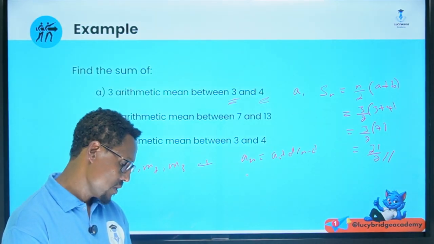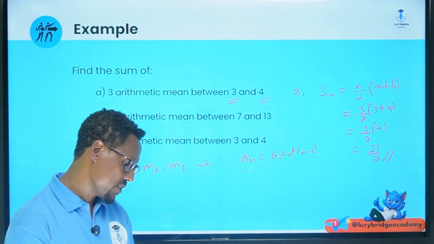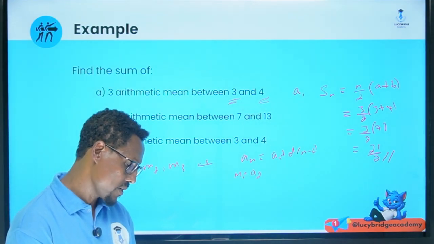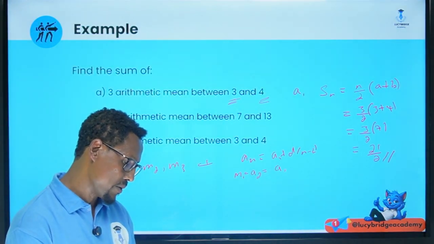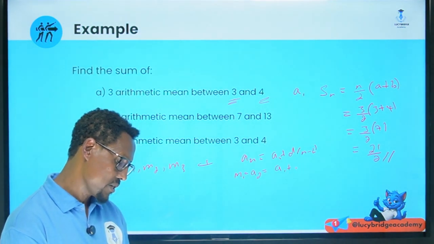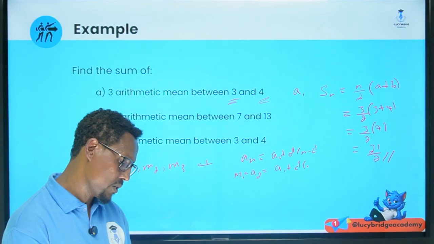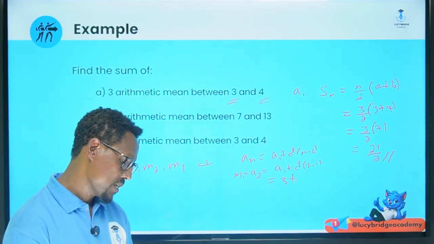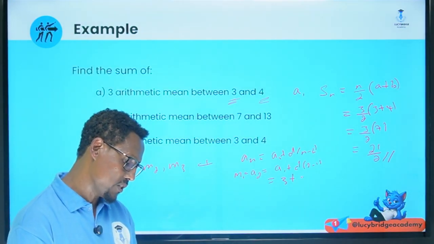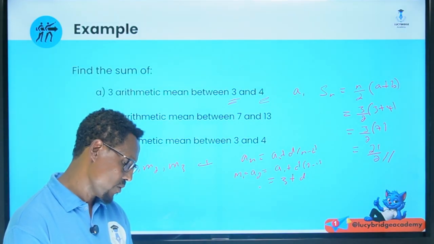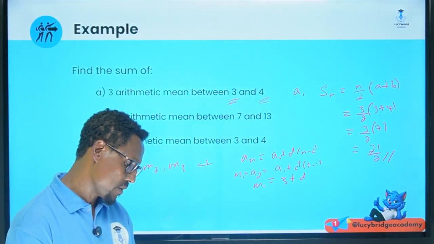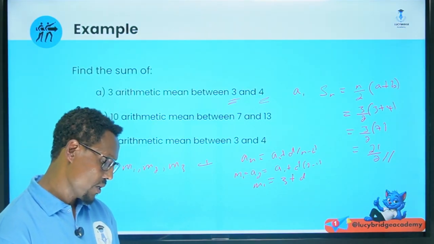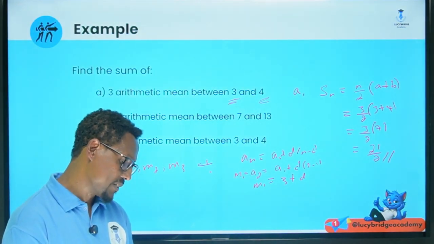So A1 is 3, and M1 means the second term, A2, which is equal to A1 plus D times n minus 1, 2 minus 1. So A1 is 3 plus D times 1, which is D. But what is M1? A2 means M1. This is M1.